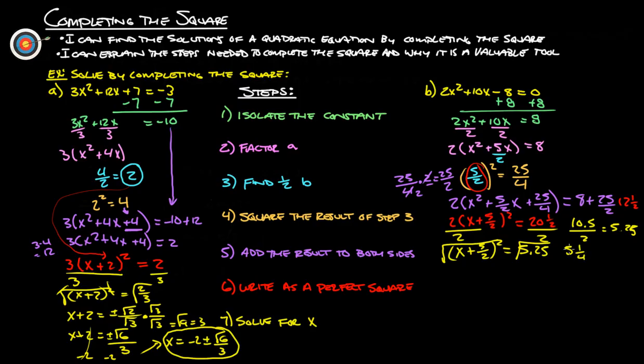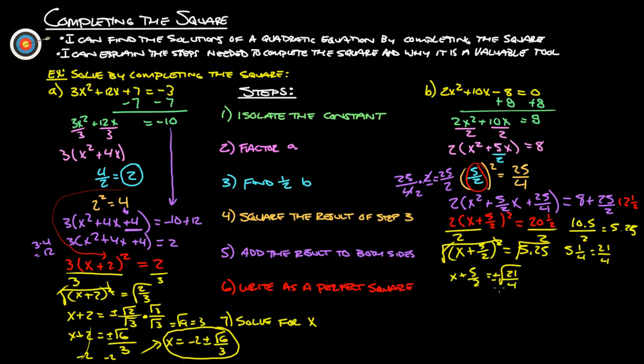So 5 times 4 is 20 plus 1 is 21/4. We're going to rewrite it like that. It's just going to make it easier when we have to go through and rationalize the denominator, right? So we got x plus 5 halves equals plus or minus the square root of 21/4.